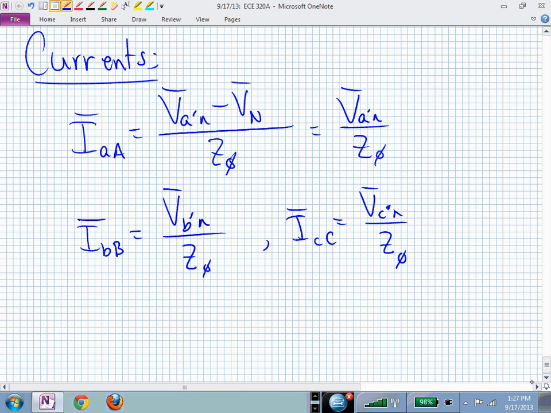And now we can comment about these currents because we know something about the voltages. Z sub phi is the same in all denominators, isn't it? So however that impacts the angle, it's going to do it exactly in the same amount for all three phases.